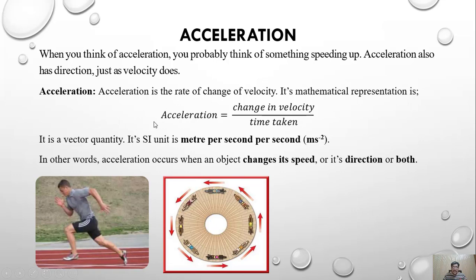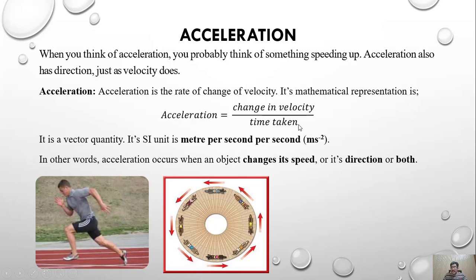Here we are talking about direction in acceleration, so it is a vector quantity. Its SI unit is meter per second square. How is it meter per second square? You know that in the numerator we have change in velocity, and velocity has SI unit meter per second, and in the denominator we have time, which is measured in seconds.